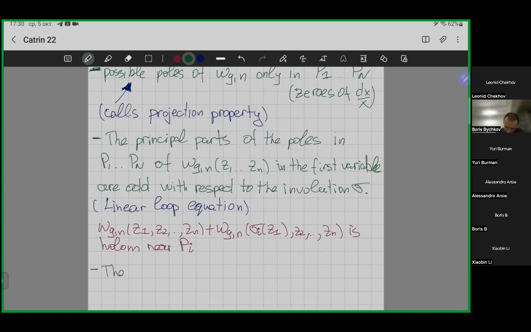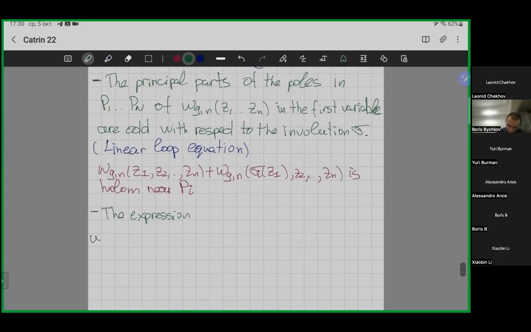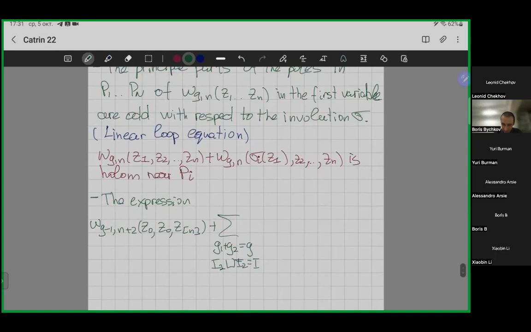The expression omega g minus 1, n plus 2, with z0, z0, z2, ..., zn, plus some sum, is more or less what was in the recursion relations.